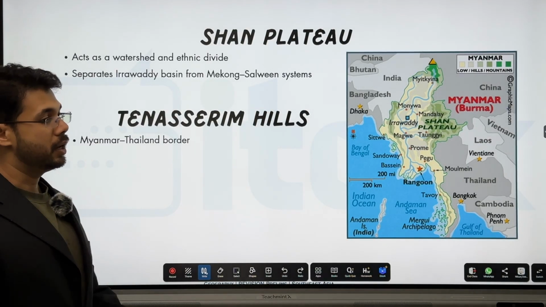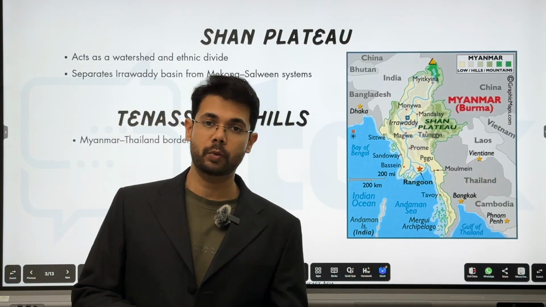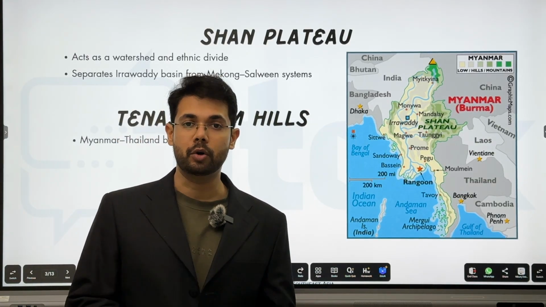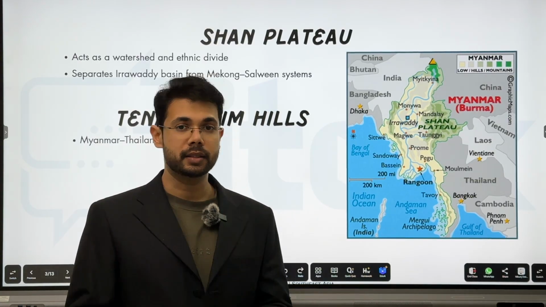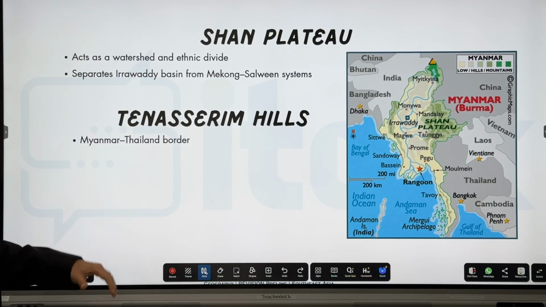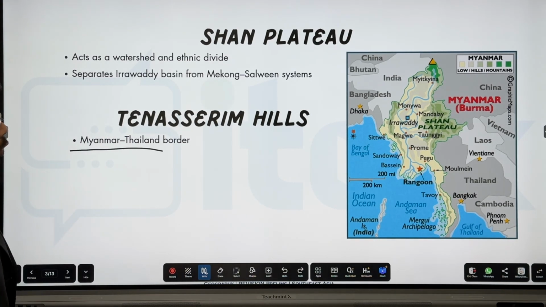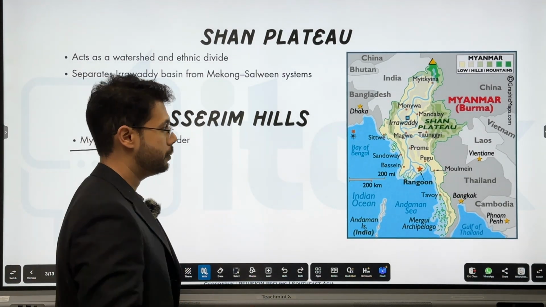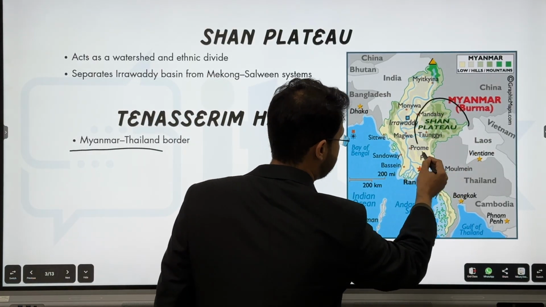So let's come to the mainland Southeast Asia, and we are covering right from our neighborhood in Myanmar. First is the Shan Plateau and these hills, Tenasserim Hills. All you have to know about Tenasserim Hills is that they form the Myanmar-Thailand border. Over, don't have to remember anything else about it. Shan Plateau is an important plateau of Myanmar.